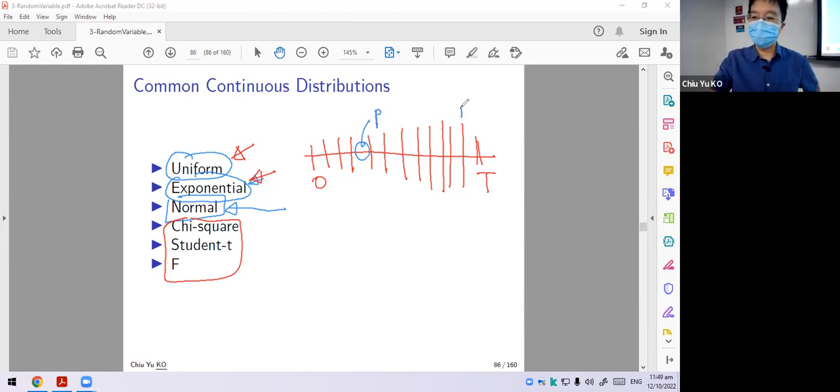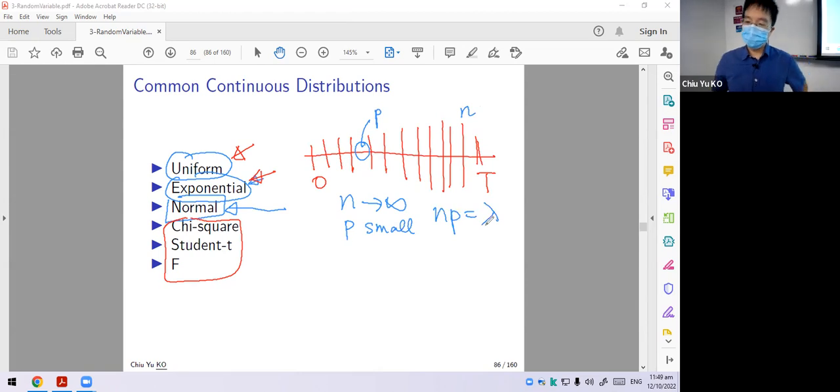We cut it into n pieces, with n very large and p small, but not so small that np, which equals lambda, goes to zero. It's still positive.